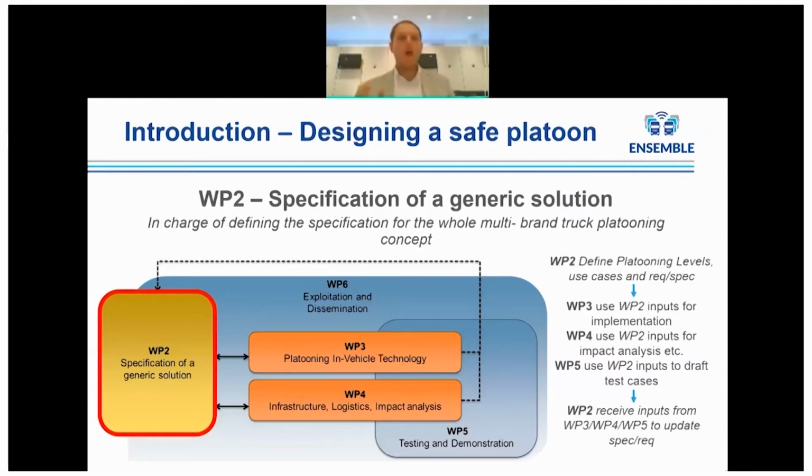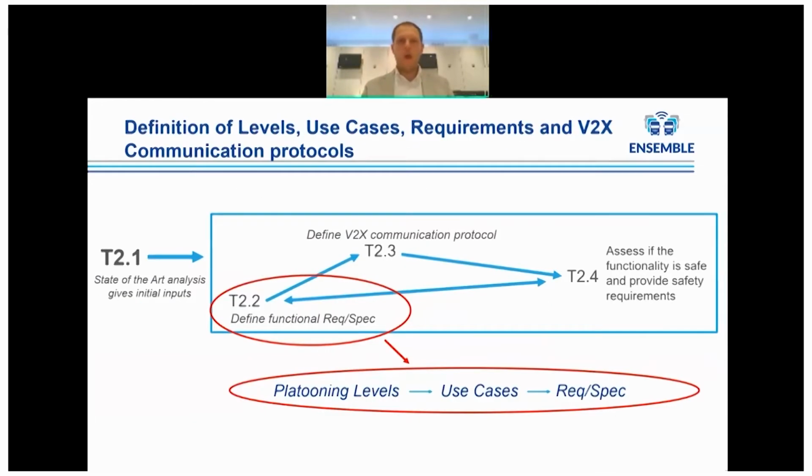But not only, we also take input from these work packages in order to ensure a very good functionality. Furthermore, within Work Package 2, an iterative process has been designed. In this way, we have a very safe functionality, always keeping safety experts in the loop.